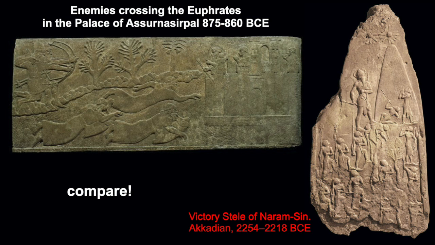Is it more accurate, less accurate? Think about the details that you can see in the Assurbanipal as opposed to the Naram-Sin. Like, look at the water, look at the trees, look at the rocks. And who's winning and who's losing, and how do you know in either of these things? So those are questions I want you to consider when you compare these two works of art.